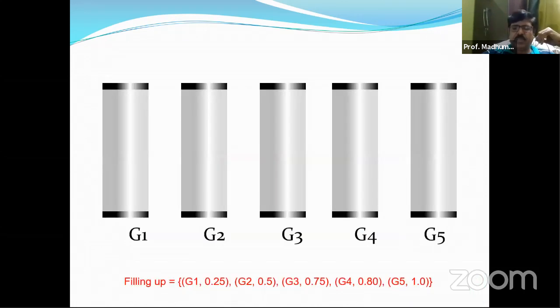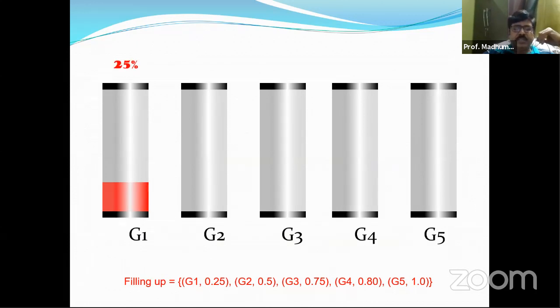So here is another example we consider. Here we have 5 glasses, G1, G2, G3, G4, and G5. Initially, all the glasses are empty, and then the first glass G1 is filled. A certain percentage of the entire glass is filled by some liquid.